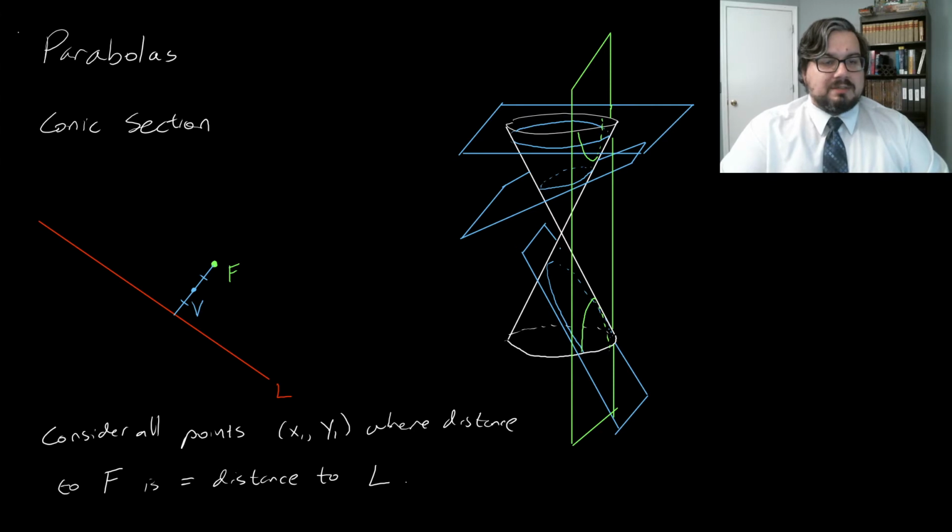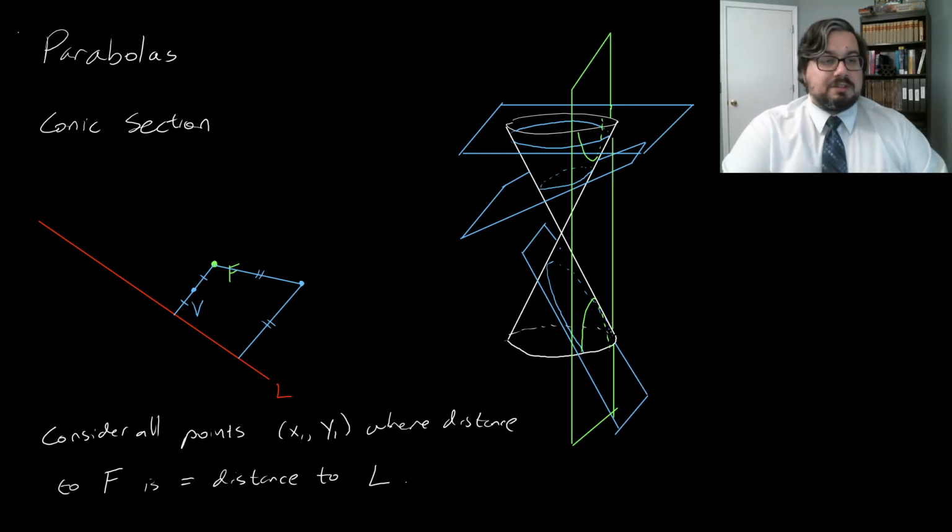And then there are lots of other points that we can find. So we could say this over here might be a point where the distance to the point F and the distance down to L are equal.